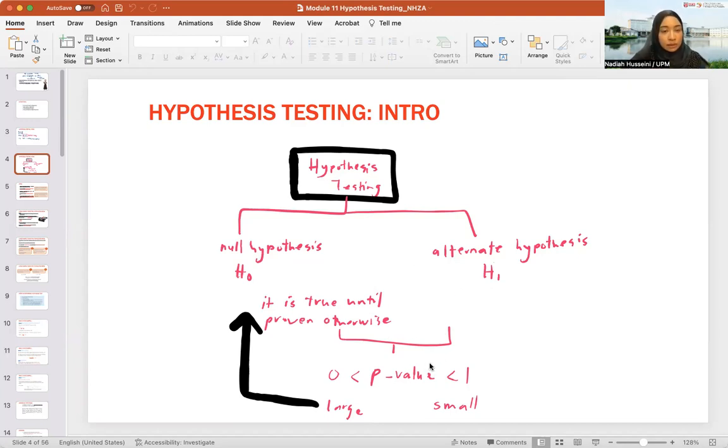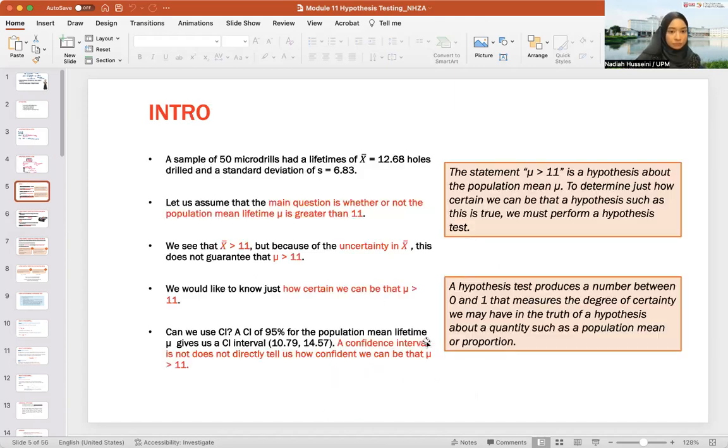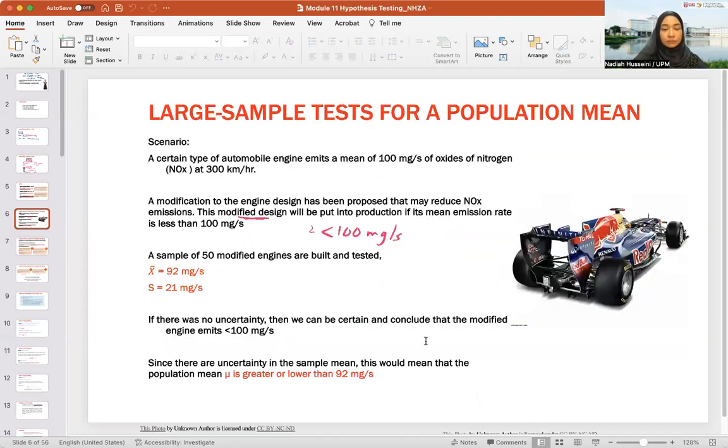Depending on what the value is, we will say that the null hypothesis is plausible, or we reject the null hypothesis and we say that we support the alternate hypothesis. We will talk more on this in a bit. This is the script if you need to go through this again.